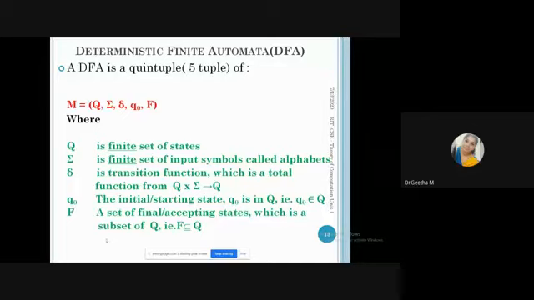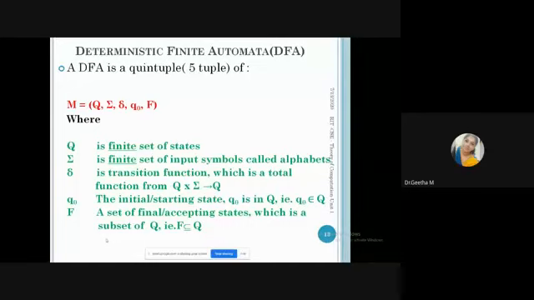I already told you that finite state control machines have rules given, and the form of the rule is given by delta. So delta is the transition function, which is a total function from Q cross sigma to Q. The meaning is that the input to this delta function takes two parameters, Q cross sigma. So the input to this function will be Q and sigma.